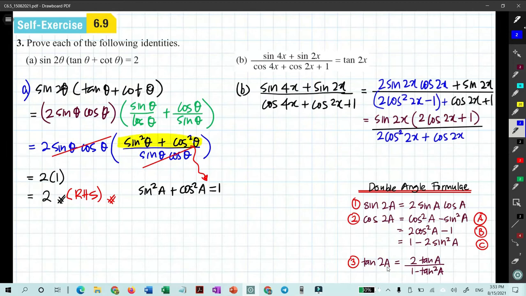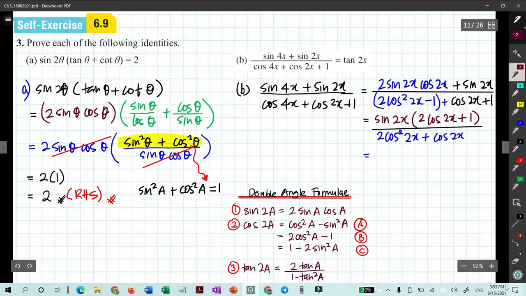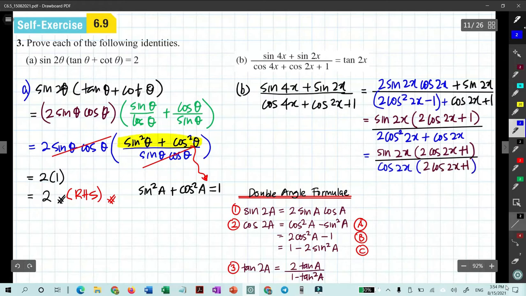Okay, so let's factorize the cos 2x. Sine 2x, 2 cos 2x plus 1, divided by cos 2x bracket 2 cos 2x plus 1, close the bracket. Okay, so we can cancel the 2 cos 2x plus 1 from both numerator and denominator, and finally sine 2x divided by cos 2x will give you tangent 2x.